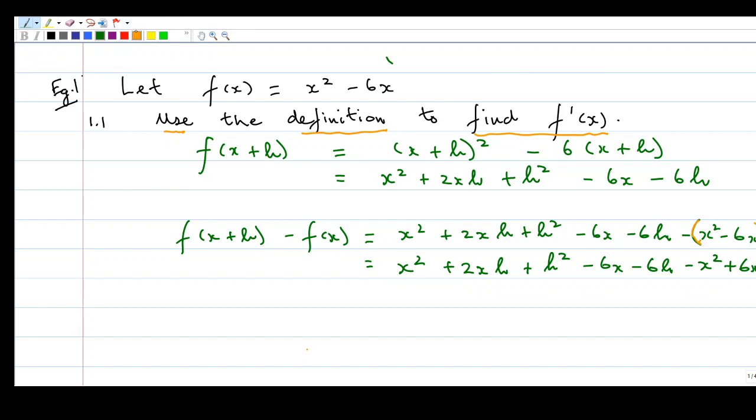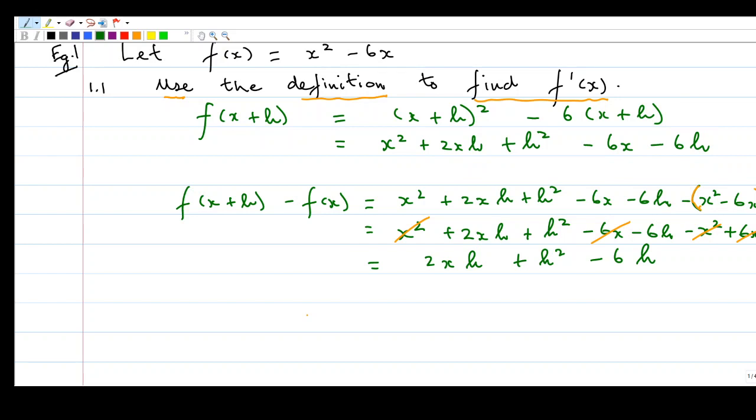Right, so simplifying, you can see that the x squared minus x squared goes off. Then negative 6x plus 6x goes off. So we are now left with 2xh plus h squared minus 6h. Right, and we can remove the h as a common factor.